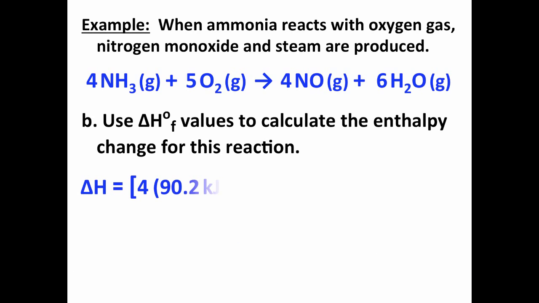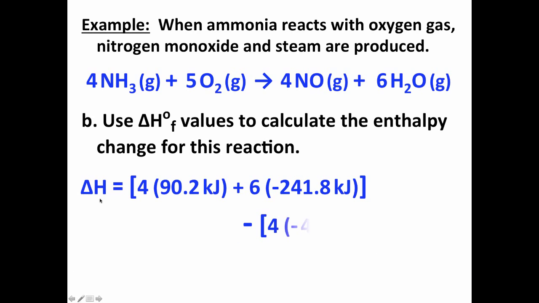So we plug into our formula. Delta H of the reaction is 4 times the delta H of NO, or 4 times 90.2 kilojoules, plus 6 times the delta H of formation of H2O, or 6 times negative 241.8 kilojoules, and then minus 4 times the delta H of formation of ammonia, which is negative 46.1 kilojoules, and also minus 5 times the delta H of formation of oxygen, which is 0.